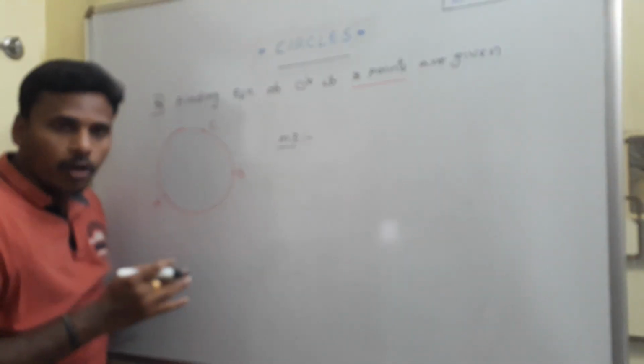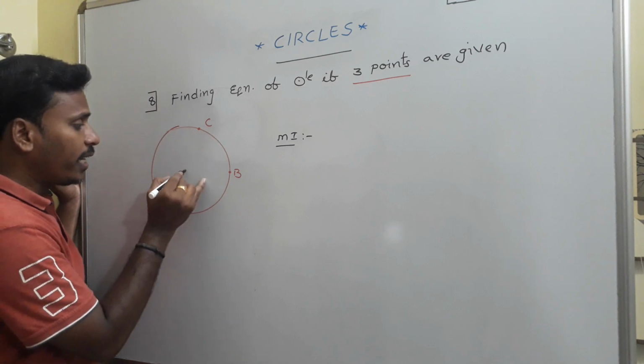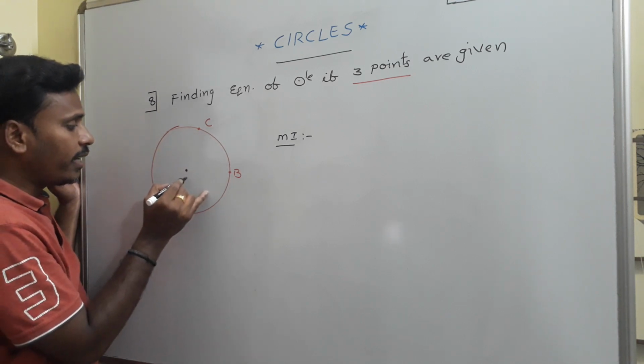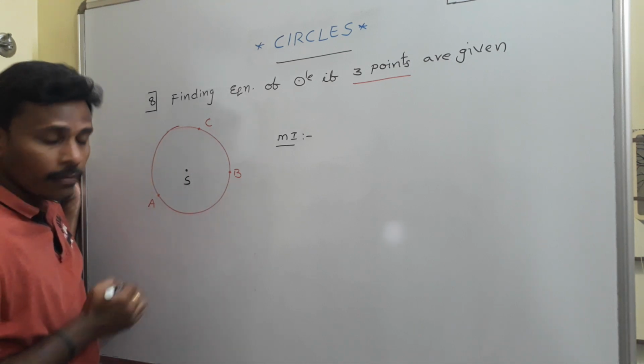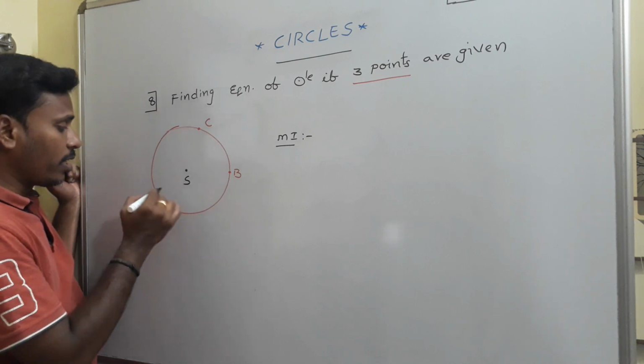The first method of finding the equation of a circle using 3 points on the circle is identifying its center. Suppose the center of this circle is S. We know that the center of the circle is equidistant from all the vertices.